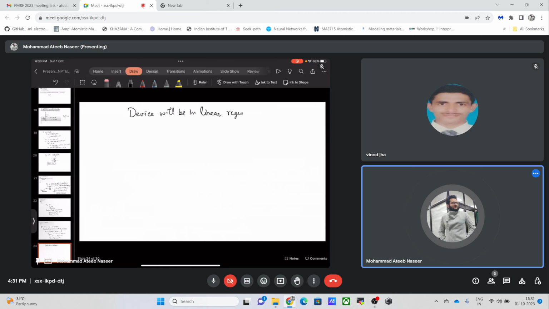So let's write down the equation for the maximum current that we would get. It would simply be 1 by 2 mu n Cox W by L, times 2 times VGS max minus VTH times VDS minus VDS square.